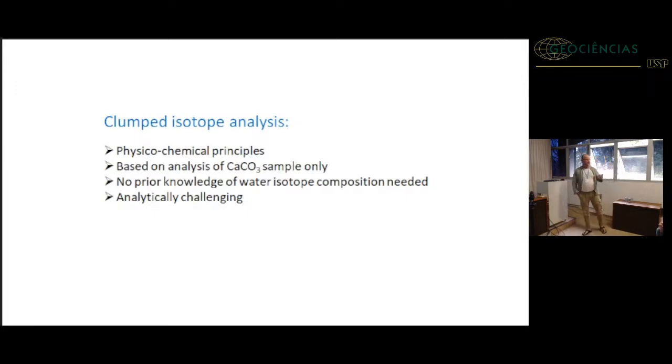Clumped isotope analysis, I think you all know, right? It is a somewhat funny way to look at isotopes, at least if you are used to the normal conventional isotope stuff. It feels a bit weird. It is analytically challenging because we are used to looking at masses 44, 45, and 46, which are the common masses for looking at CO2.